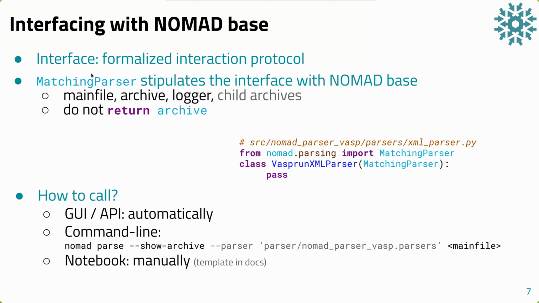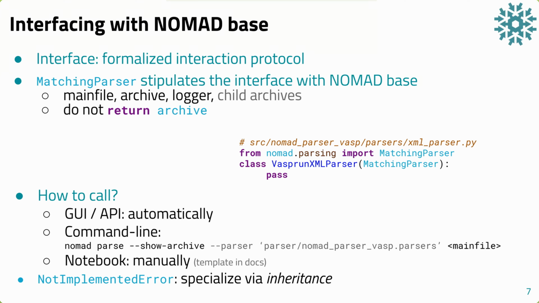So you have to provide it with a main file. That should not be too hard, it's just a file path, but also with an archive object and with a proper logger object. You can just keep these child archives void. And if we then actually run it with any of these kinds of implementations, we will get back an error. So that's great. What's going on?